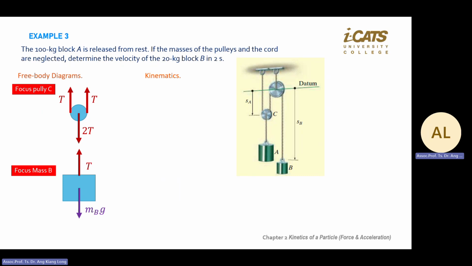Why? Because this cable connecting to B, this cable and this cable is the same. This cable and this cable is the same. Okay, so the pulley tension cable diagram is important. Every time you see a pulley, draw the pulley first, and then you put yourself as the pulley, and then what do you feel?